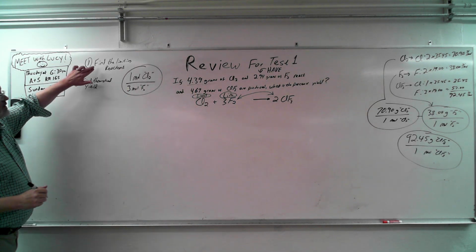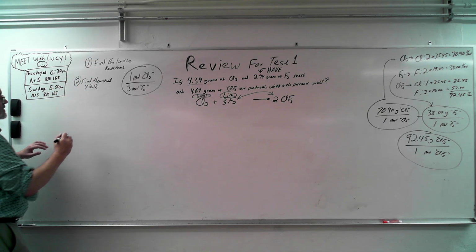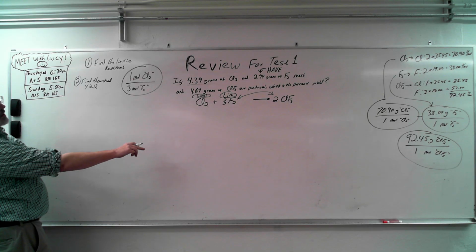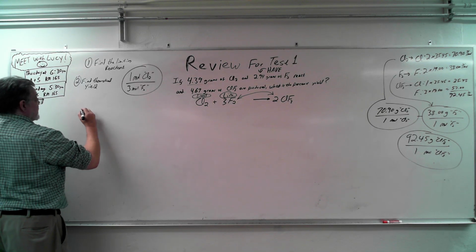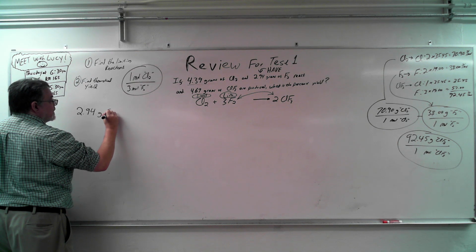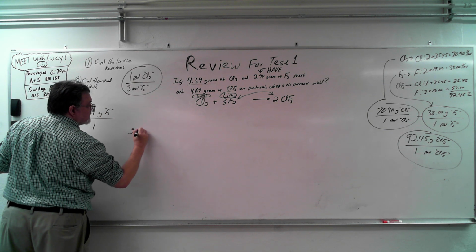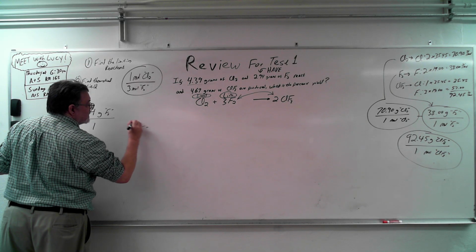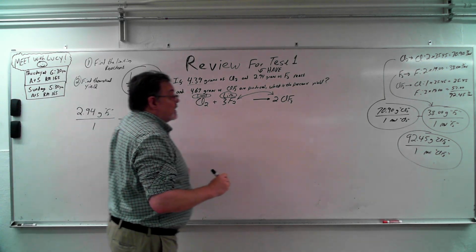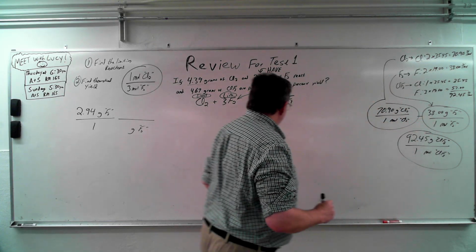That was the whole point of doing step 1. Now that we know which one of these two reactants to use, we're going to use the F2. 2.94 grams of F2 tells you grams of F2 goes down here. 38 grams to 1 mole.